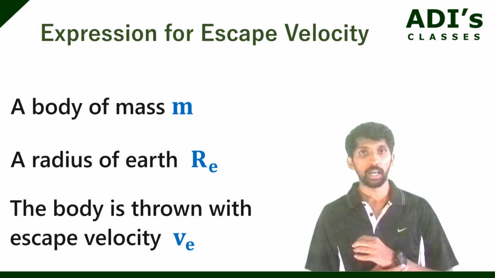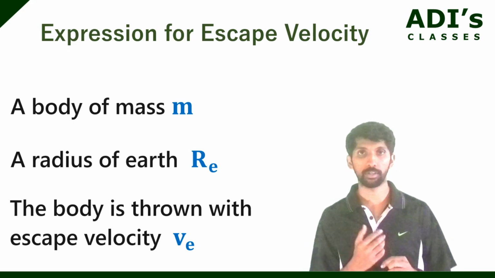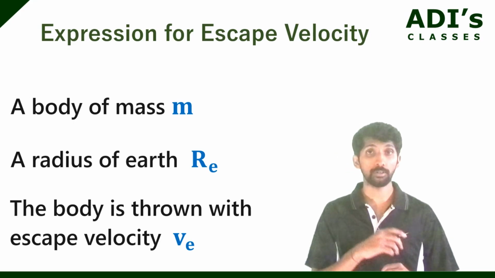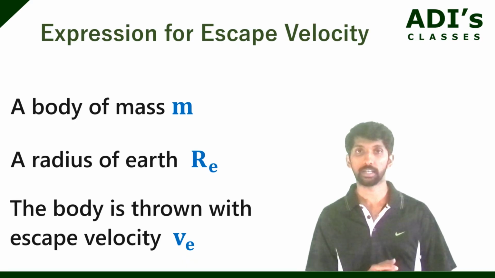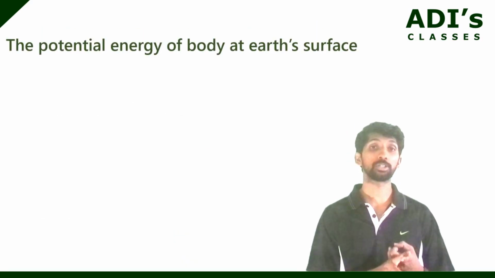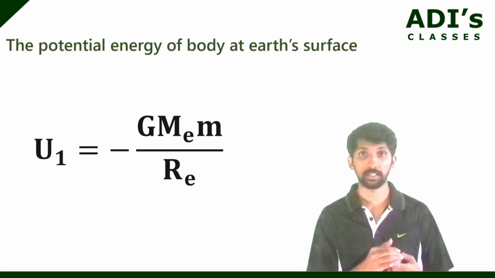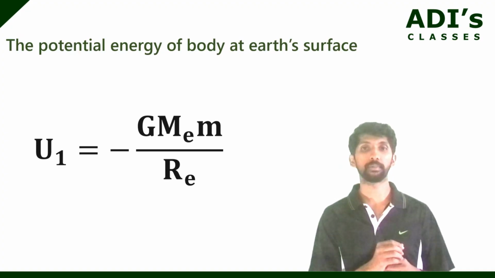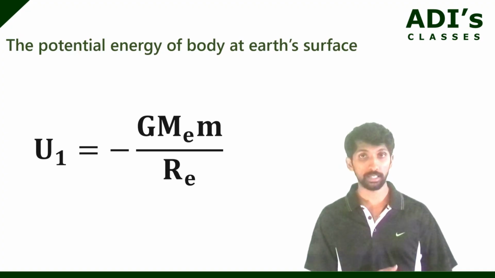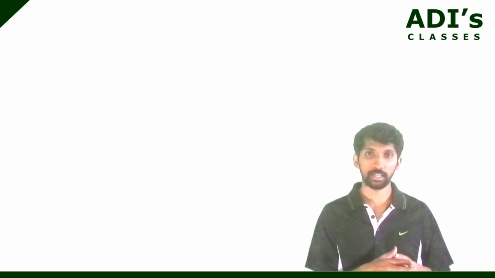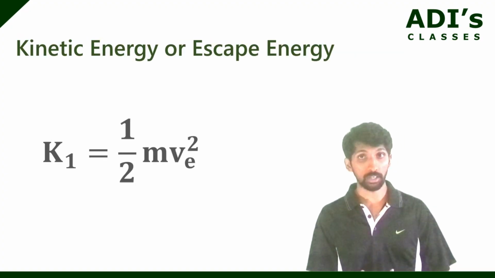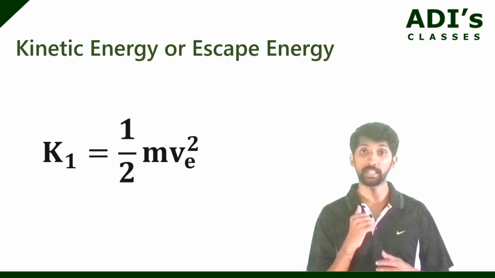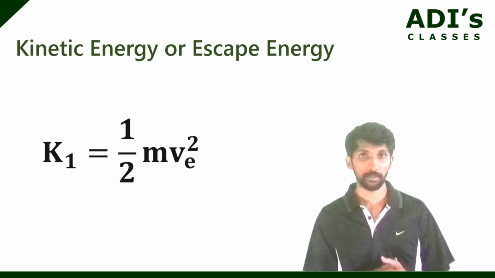If I'm throwing the body at an escape velocity of Ve, then the potential energy at the surface, U1, is equal to minus G Me m divided by Re, the gravitational potential energy, and the kinetic energy, or the escape energy, will be half m Ve square, correct?